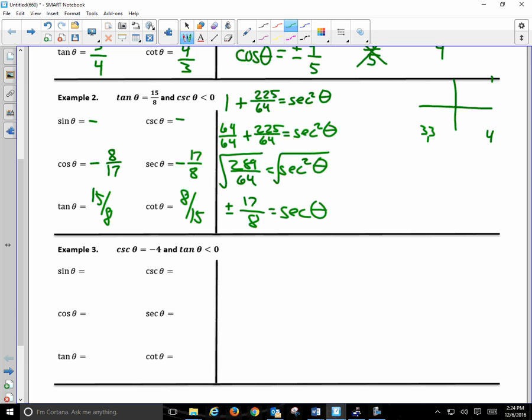Well, now that I have cosine, I can figure out sine, right? So let's do that one. Sine squared plus cosine squared equals 1. What do I get if I square cosine? Square negative 8 over 17, you get 64 over 289. And 1 is 289 over 289.